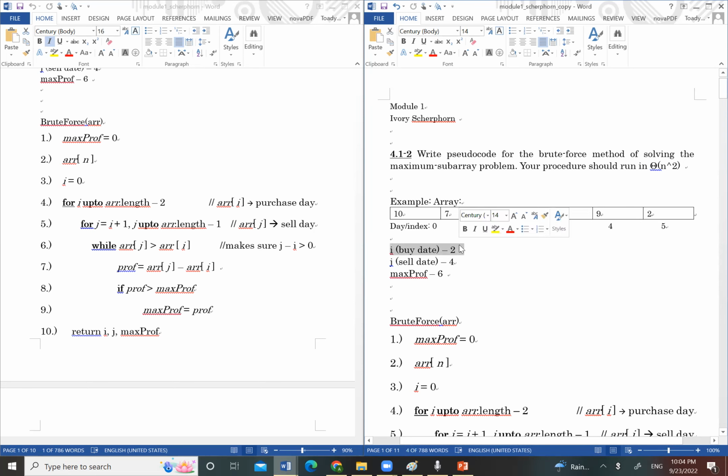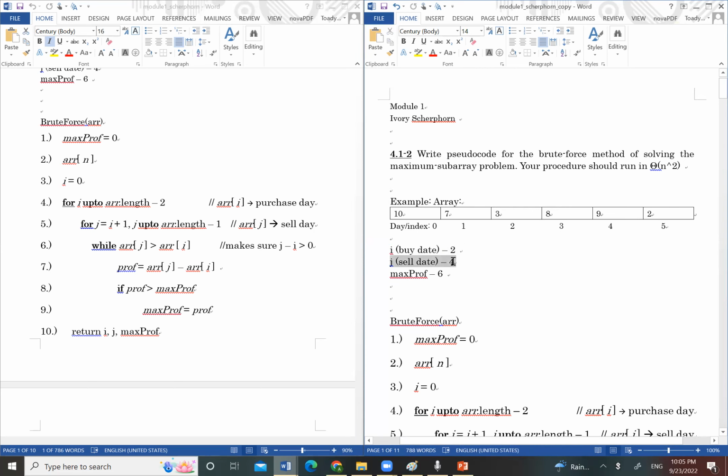So my outer loop is the buy date or the purchase day. Again, it always has to be at least one behind the sell day, because you can't buy after you sell, that doesn't work. And the result from this array, if I run my code, will be at index 2, so right here for value 3.